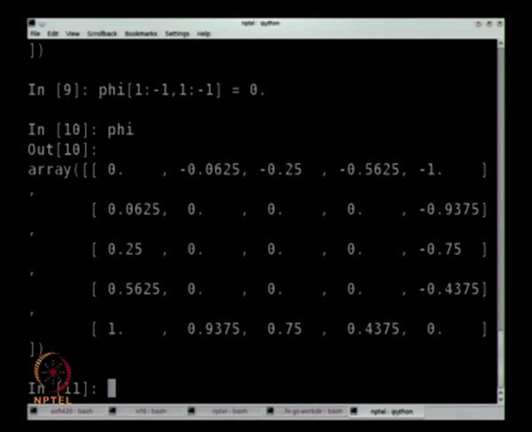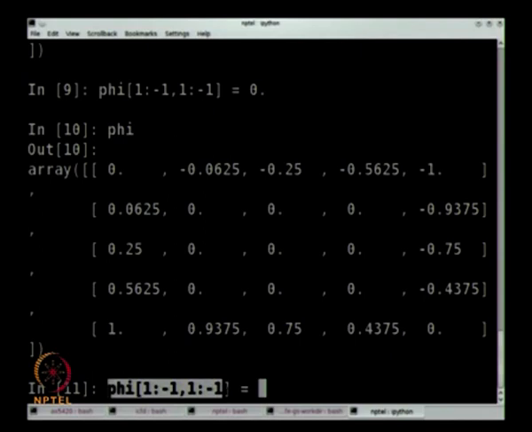Okay, let me just type up, because this helps me at a later point. So phi of 1 colon minus 1 comma 1 colon minus 1 equals, what is it?